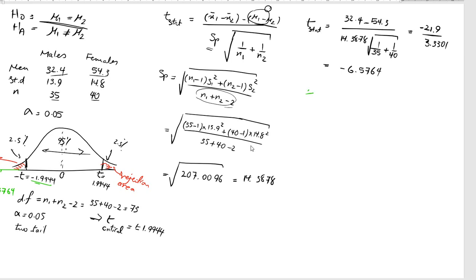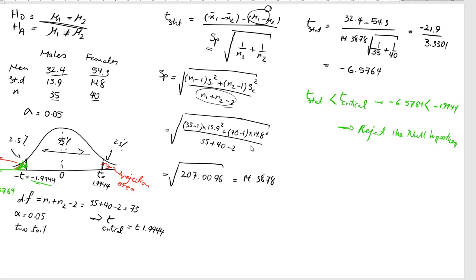We can say that t-stat is less than t critical, which basically means minus 6.5764 is less than minus 1.9944. That tells you that you would reject the null hypothesis because you are in the rejection area.